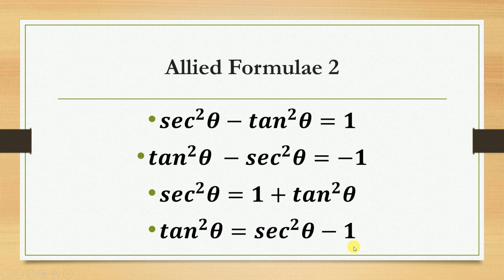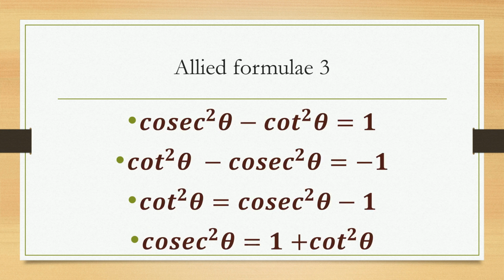These 4 also, remembering in both directions from LHS to RHS and RHS to LHS is very, very important. And last but not the least: cosec squared theta minus cot squared theta is 1. Cot squared theta minus cosec squared theta is minus 1. Cot squared theta is cosec squared theta minus 1. Cosec squared theta is equal to 1 plus cot squared theta.